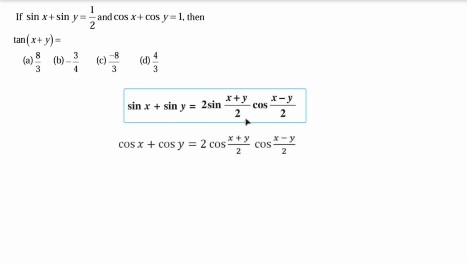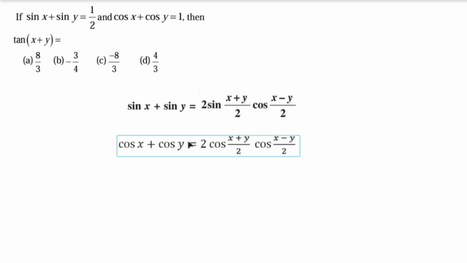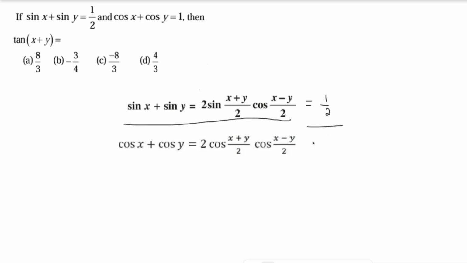If you observe, sin x plus sin y is 1 by 2 is given and cos x plus cos y is equal to 1 is given. So what I'm going to do is consider the given values and divide the equations. The numerator value is 1 by 2 and the denominator value is 1.